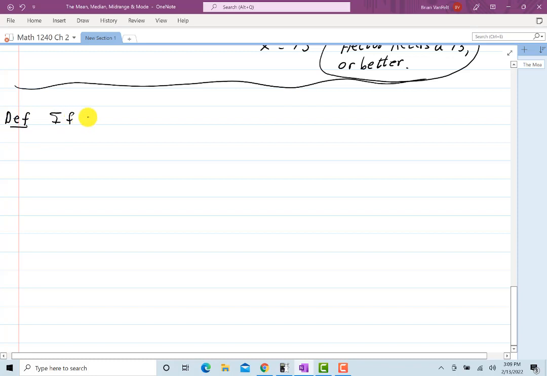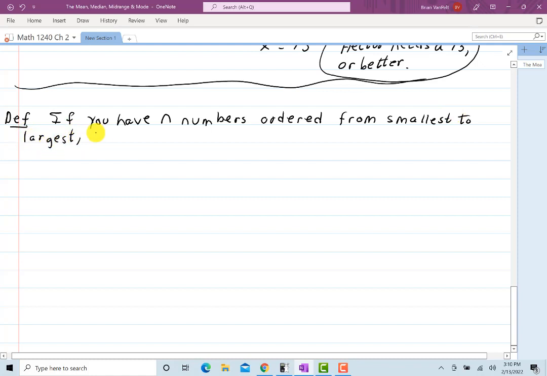If you have n numbers ordered from smallest to largest, the median of those n numbers is given by the following formula.